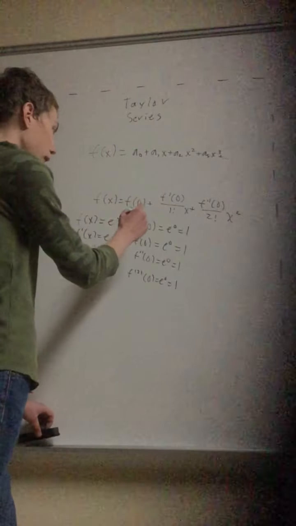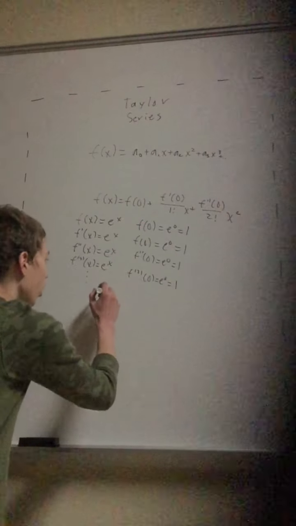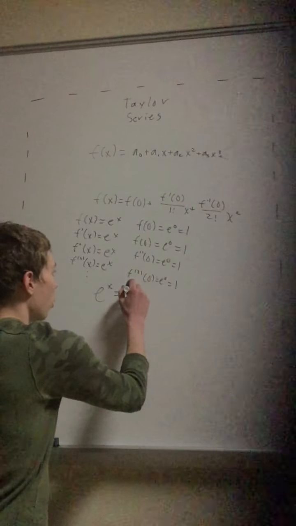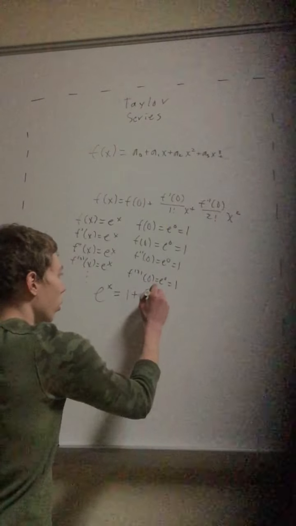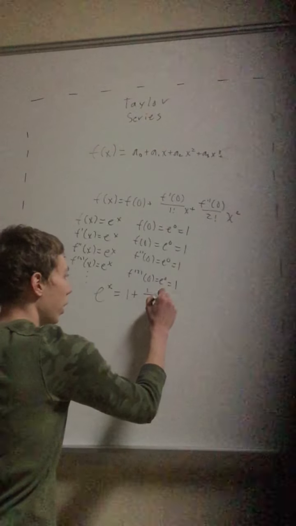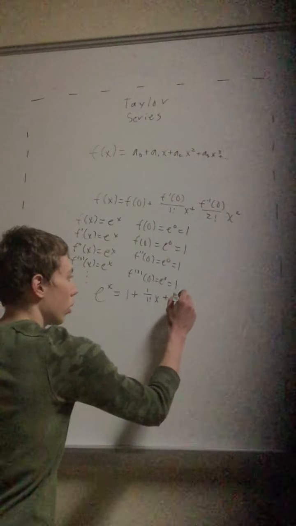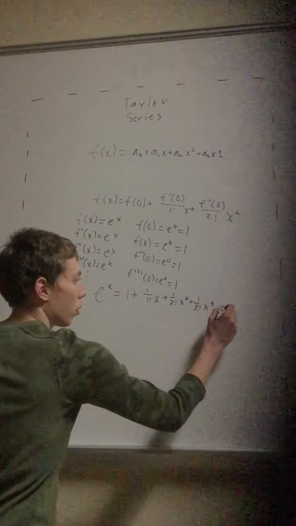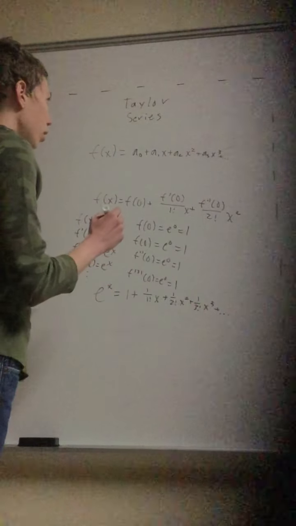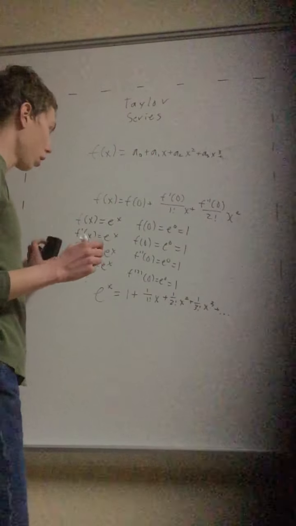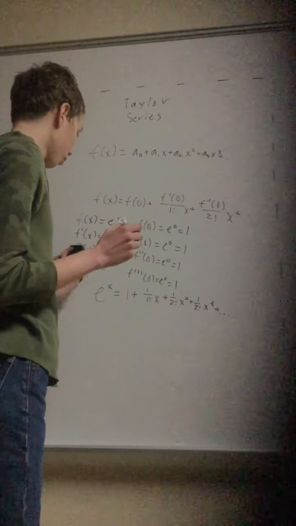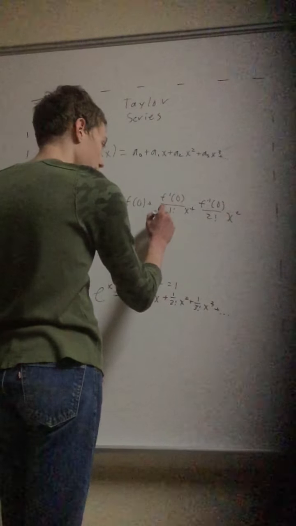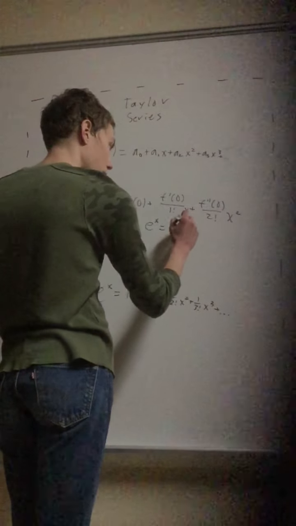In this case, if we put this in here, then we have e to the x equals 1 plus 1 over 1 factorial... And now, we're going to put this up here because we'll need it later, just simplifying a little bit.